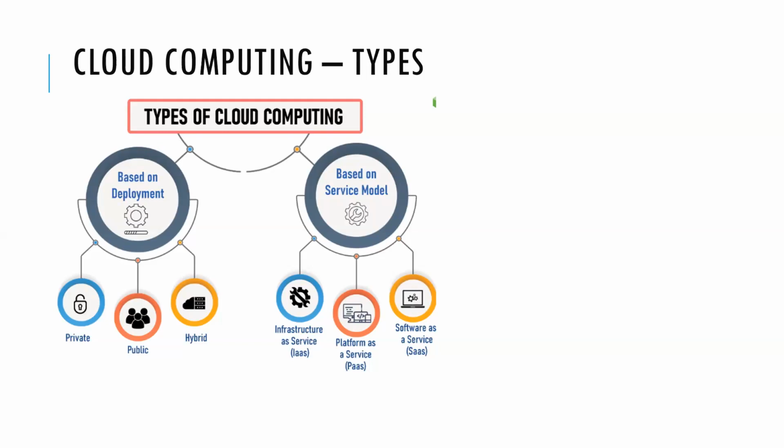Public cloud is given by various cloud service providers. It is owned by the cloud service provider or a hosting provider, and these people host all the infra based on customer requests.